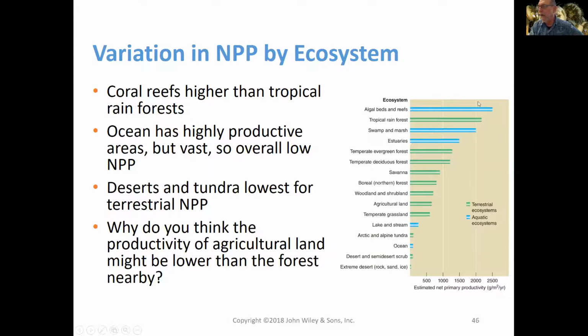You can see that algal beds and reefs, tropical forests, swamps, marshes, and so forth are very productive ecosystems at one end of the scale, and you get into open ocean, desert and semi-desert, extreme desert, rock, ice, and so forth, very limited net primary production. So the ecosystems differ in those ways.